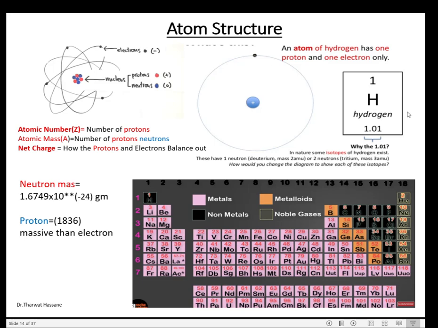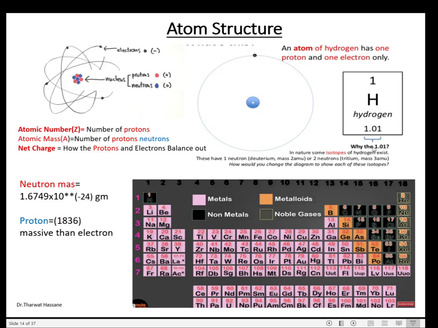So the hydrogen atom has only one proton, a positive charge, and one electron here. It doesn't have any neutron inside. But also you have to keep in mind that hydrogen has nearly the same mass as the neutron, very close to each other. So keep that in mind, because the physics behind the neutron later on depends upon this information.